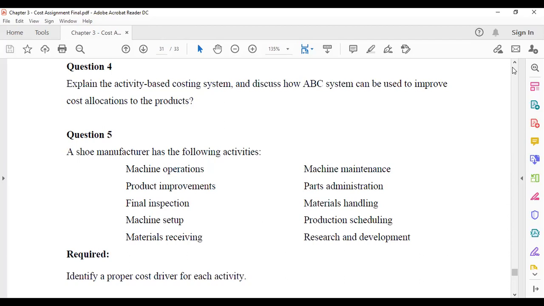So it was completely different from the cost structure of a product during the industrial period. In this contemporary business environment, if you take a particular product, a significant component of the product cost comprises the overhead cost.